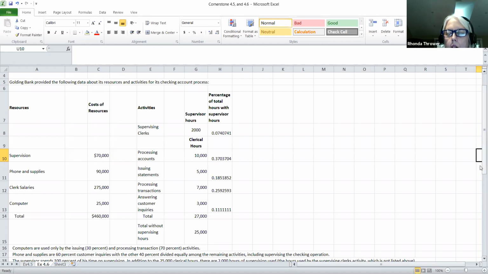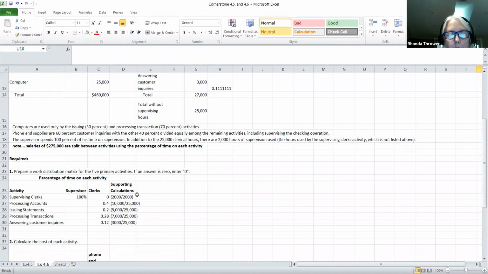The total clerical hours of 25,000. So 5,000 divided by 25,000 gives you 20% of the time is spent preparing, or issuing, the financial statements.